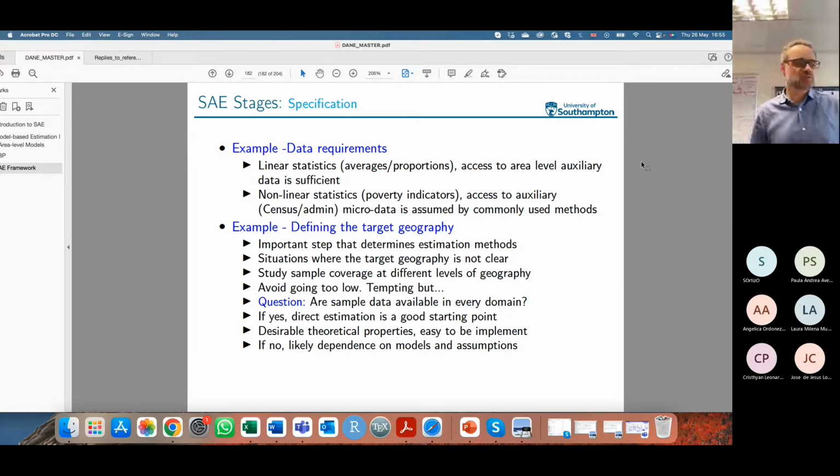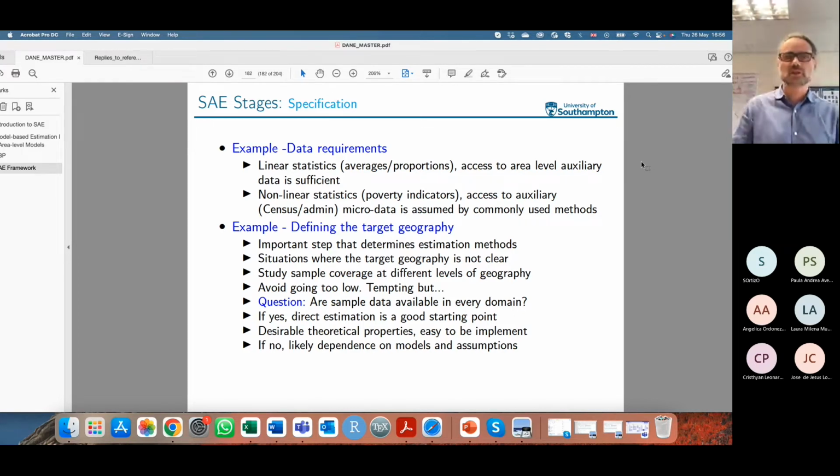The methods that we described as part of the training, the ELL method and the EBP method and so on, assume the existence of this microdata. So it's really important, therefore, to know what assumptions the different available methods are making about the data requirements.